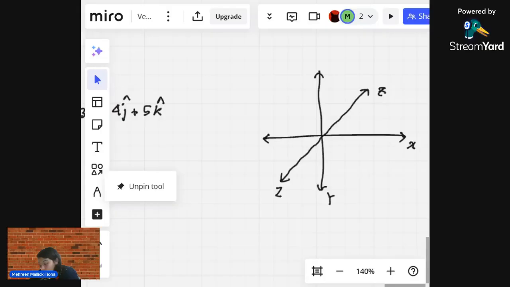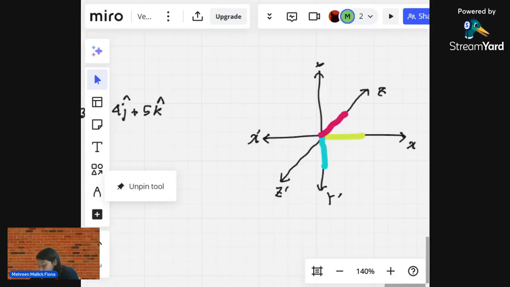If we are dealing with three variables, or three dimensions, the i vector is here, the y-axis is indicating the j unit vector, and the z-axis is denoting the k unit vector.